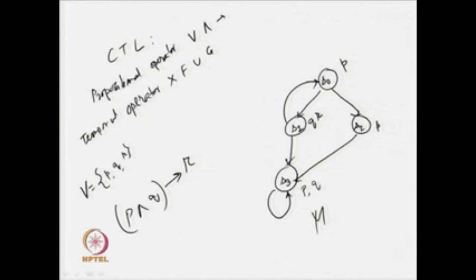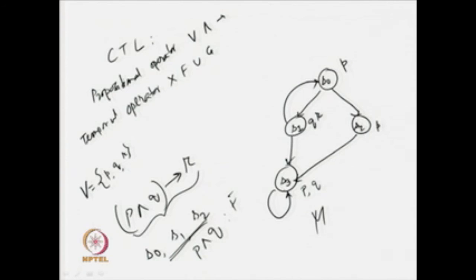In states S0, S1 and S2, the component P and Q is false. P is true but Q is false, Q is true but P is false, P is true but Q is false. So P and Q is false in these three states. Since this is false, P and Q implies R will be true in these three states.